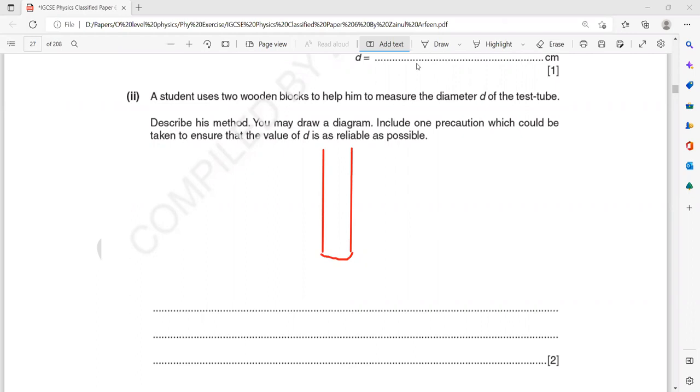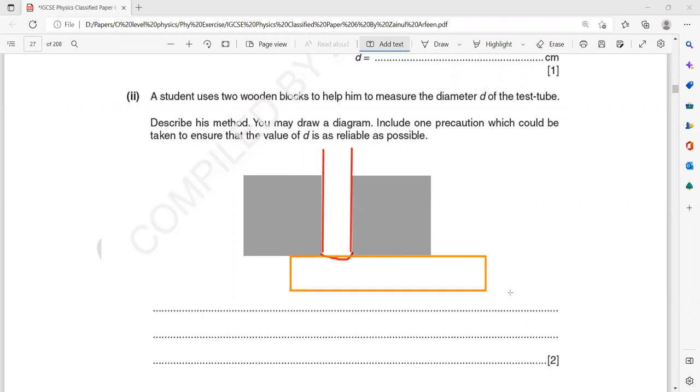And you place the 2 wooden blocks next to this test tube and place a meter rule or the meter scale. And we will measure the external diameter of this test tube. That's how 2 wooden blocks can be used.